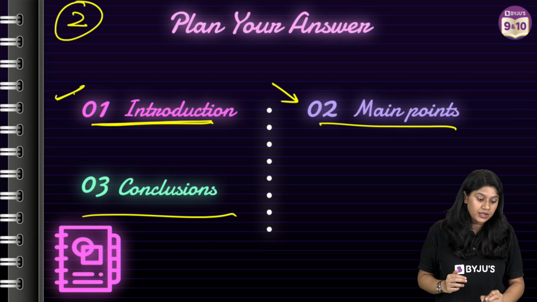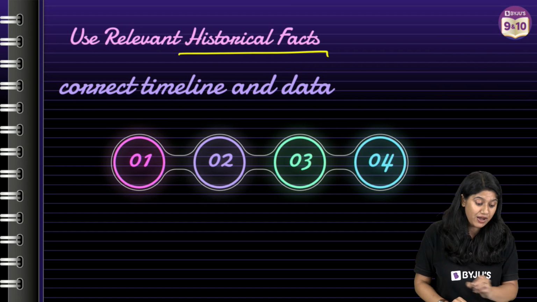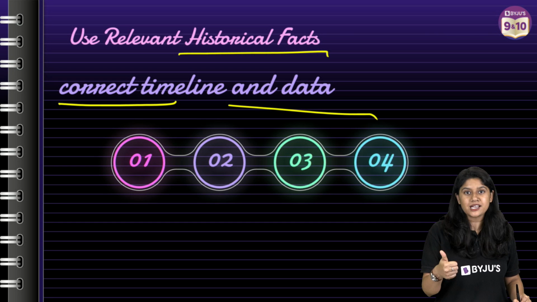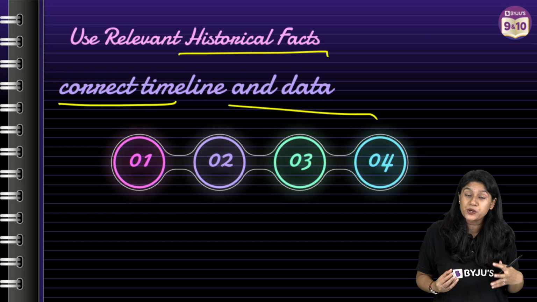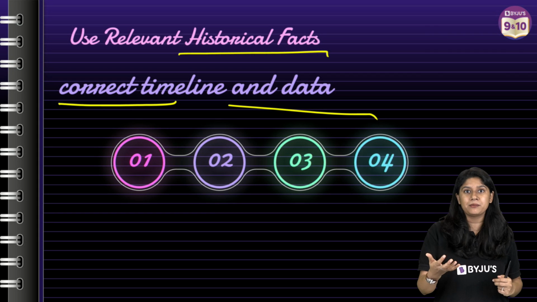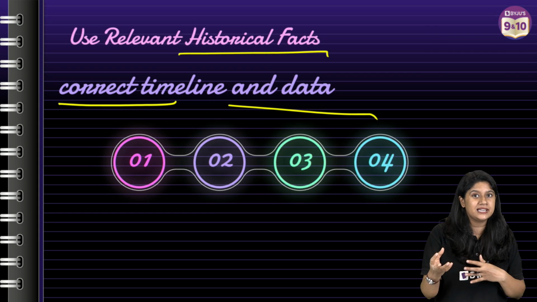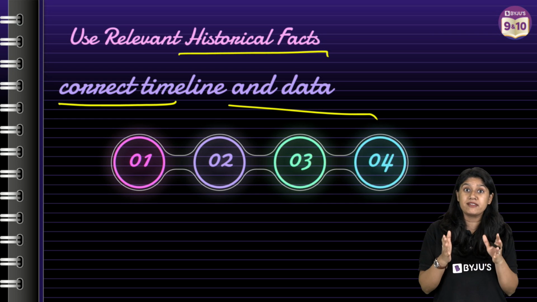And once you're done, of course while writing the answer, please use historical facts. Connect the timeline and write data. The dates are important in history, and in geography and economics, the numbers become super important. The percentage becomes really very important. And when we're talking about the pol science side, there also if we have the percentage of the parties, the percentage of the people, population, all of these points become really very important.